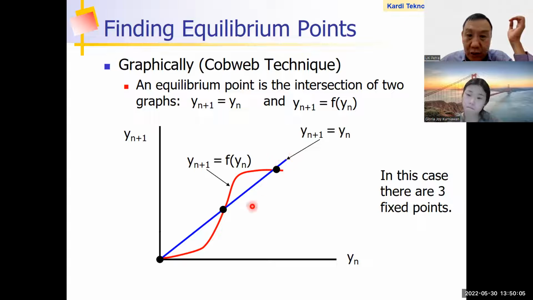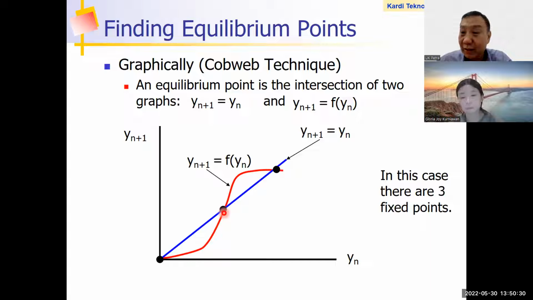And then your curve, for example any nonlinear function, you also plot in yn and yn plus 1. Anything that intersects with this blue line, where yn plus 1 equal to yn, is an equilibrium point.